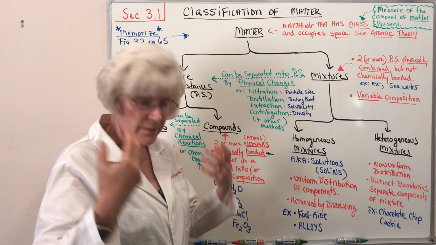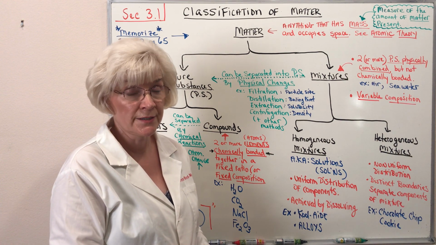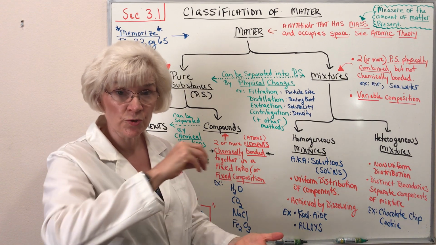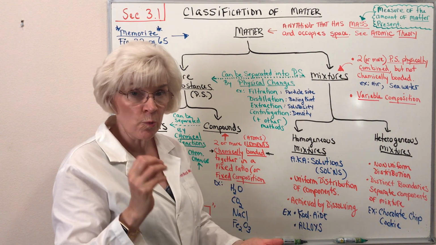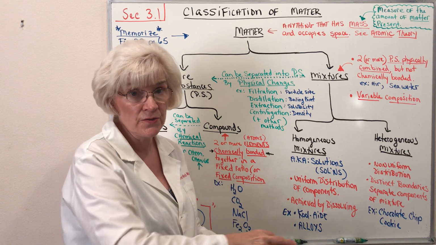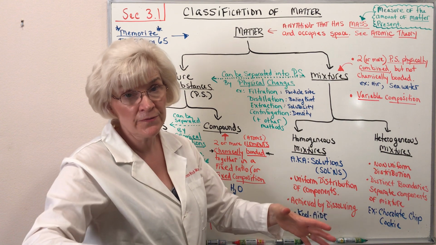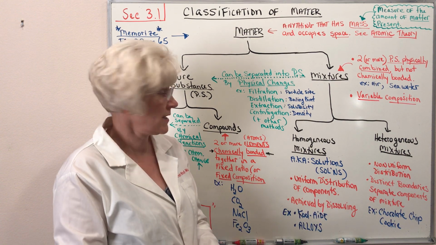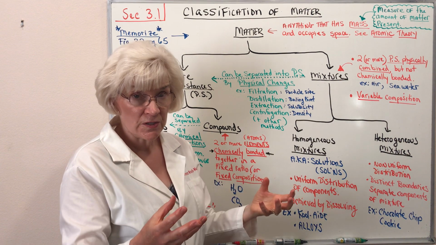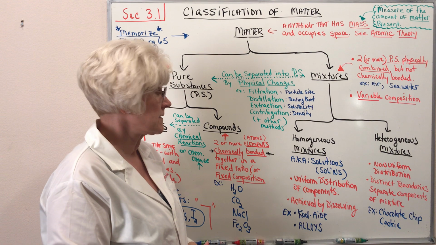So the material of the clothes does not dissolve in water, but if you put a little soap in the water, you can extract out the oils and grease and dirt that are attached to the clothes and dissolve them into the water and remove them in the process of washing. So extraction, you separate pure substances from each other as a result of solubility differences.